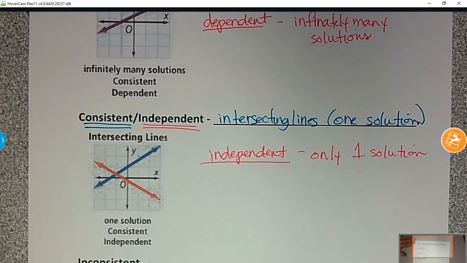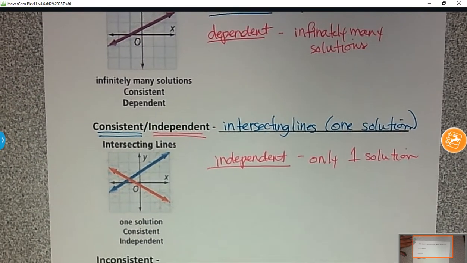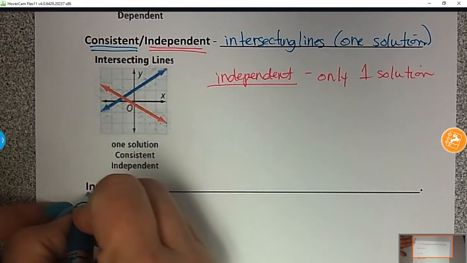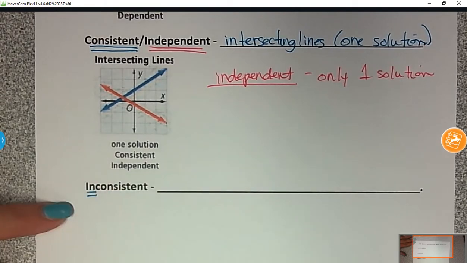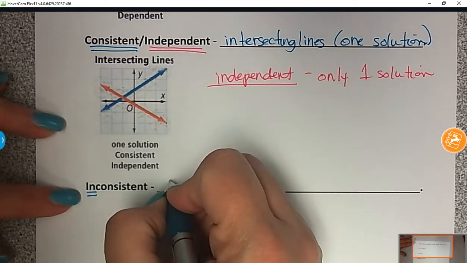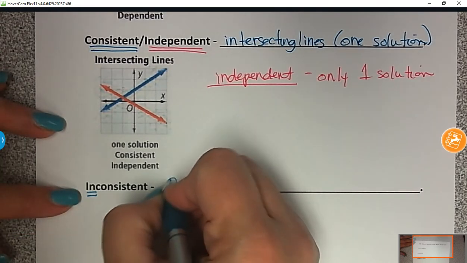Okay. The next type of system is the one that is inconsistent. So remember, if consistent meant there was a solution, inconsistent means there's not going to be a solution. Okay? This is when you have something where the lines never touch.